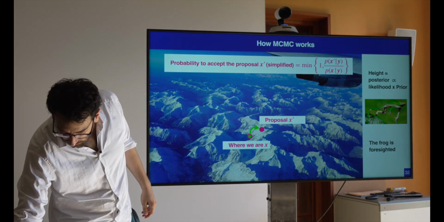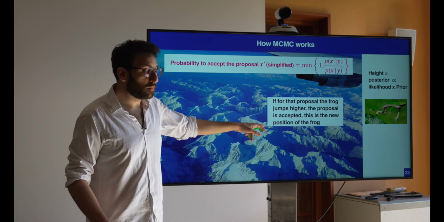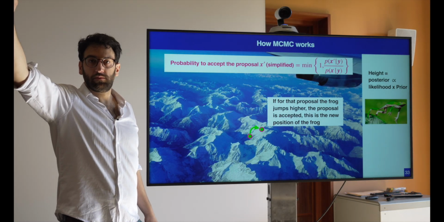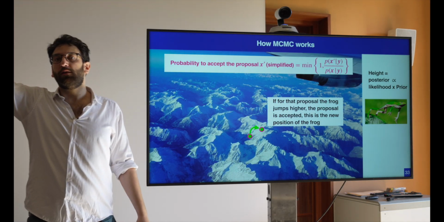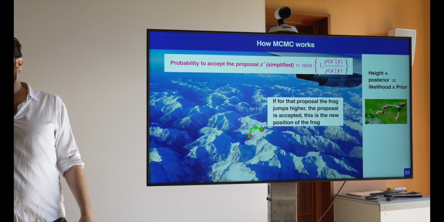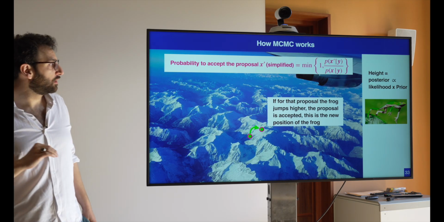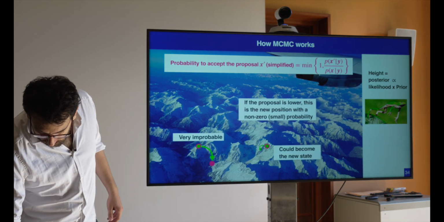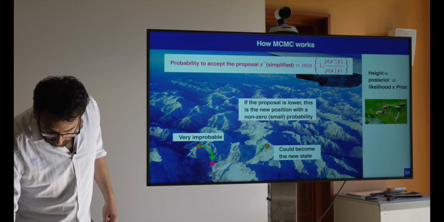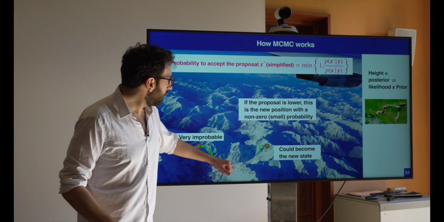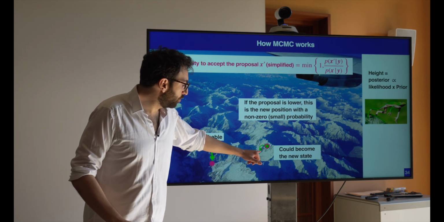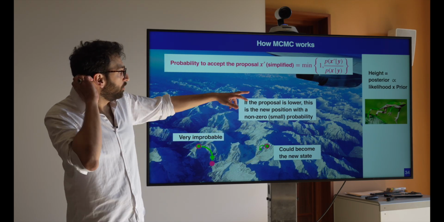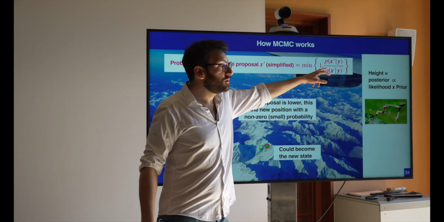What does it mean? It means that if the proposal is higher, the frog jumps with probability 1. If you find something which is higher, closer to a summit, you jump with probability 1. Now, if you jump to a lower position, the probability to jump there is not 0.